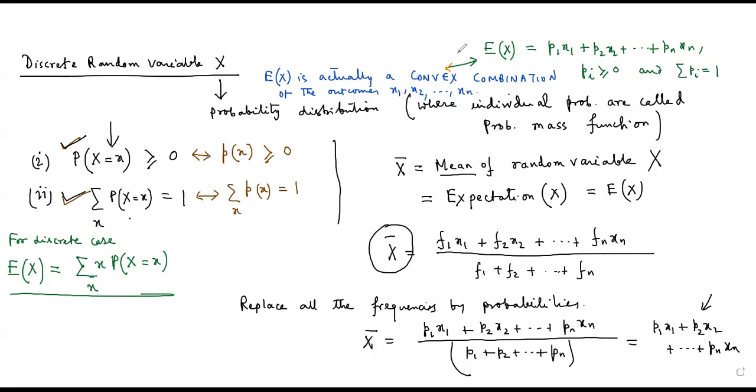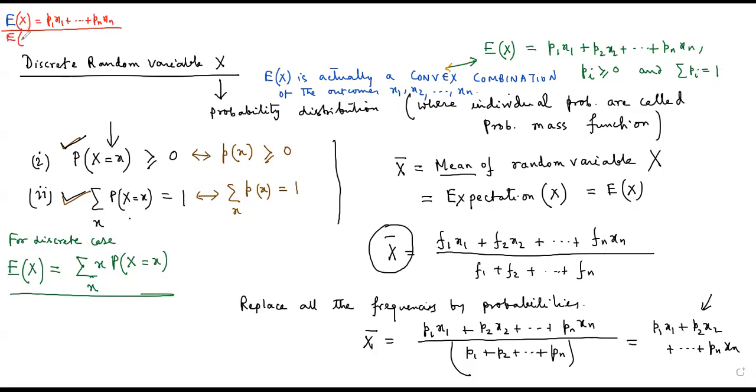But suppose for the time being that the formula of EX is like this: P1 x1 plus dot dot dot plus Pn xn, but these conditions are not there. I'm writing up to this only. I'm not saying that Pi is greater than or equal to 0 and summation Pi equal to 1.